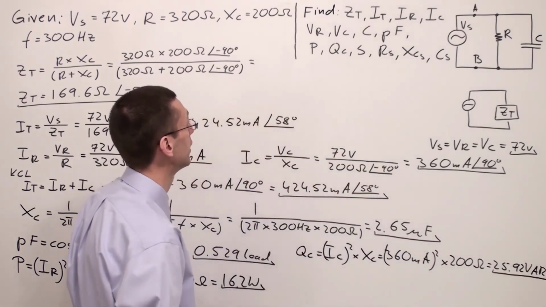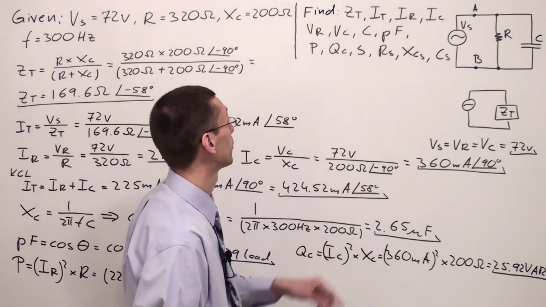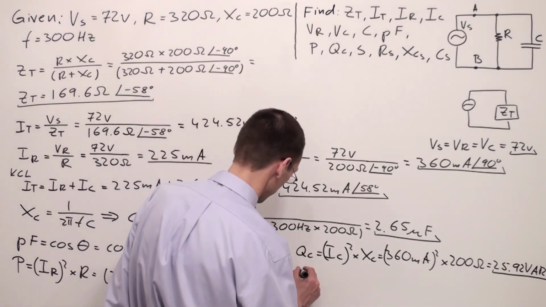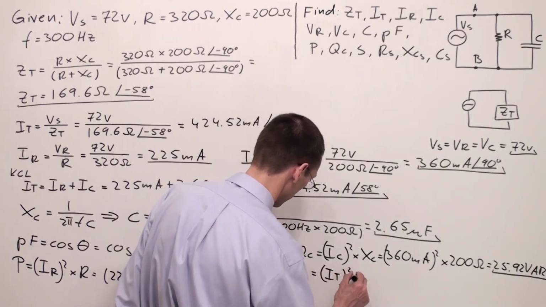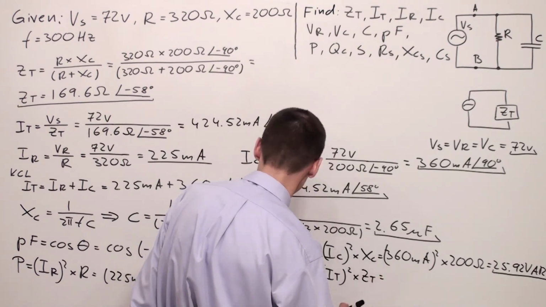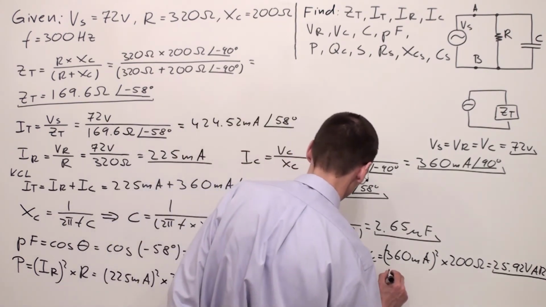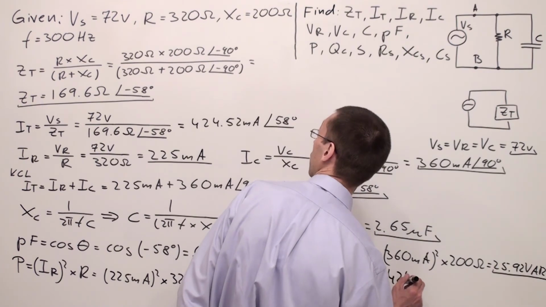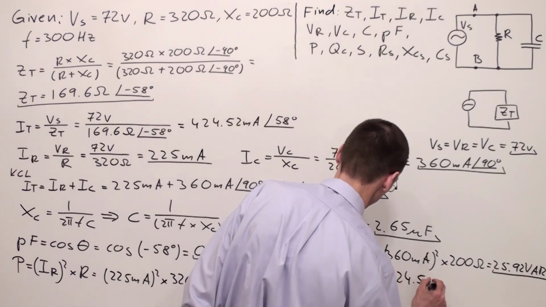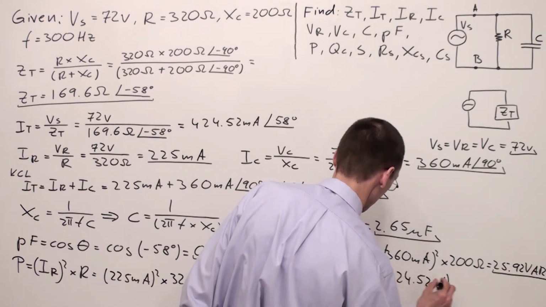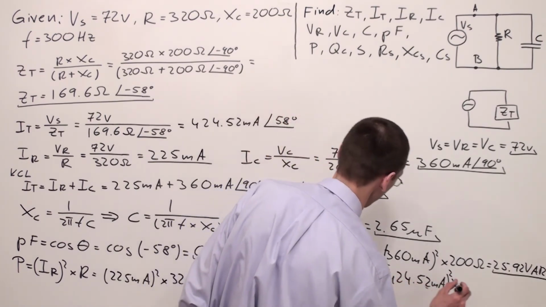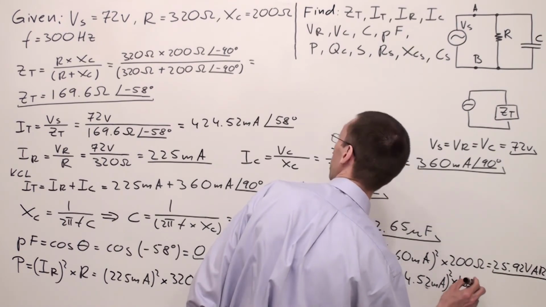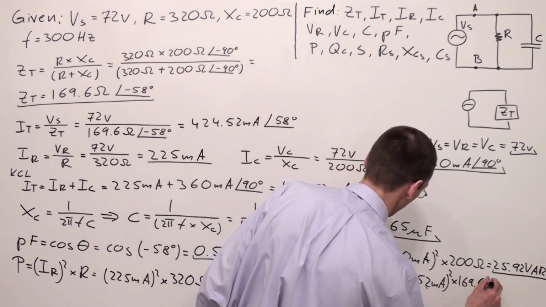Next, I'm supposed to find the apparent power. So I have S is equal to I total to the second power times Z total, where I total is equal to 424.52 milliamps raised to the second power times Z total, which is equal to 169.6 ohms.